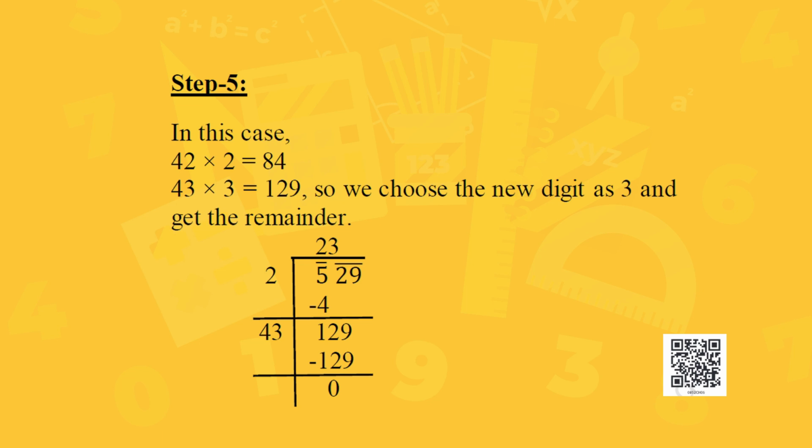If we fill the blank with 2, we get 42 times 2, which is 84. If we fill the blank with 3, we get 43 times 3, which is 129. So we choose the new digit as 3.